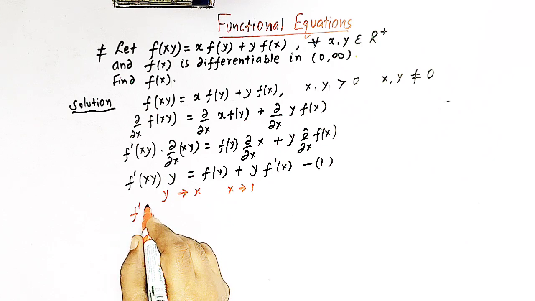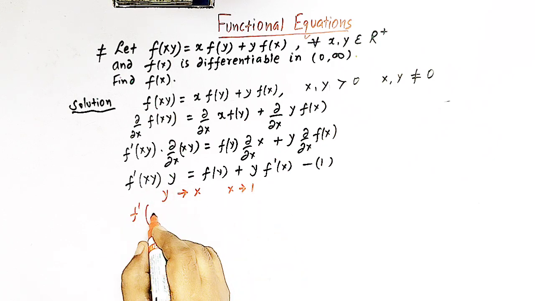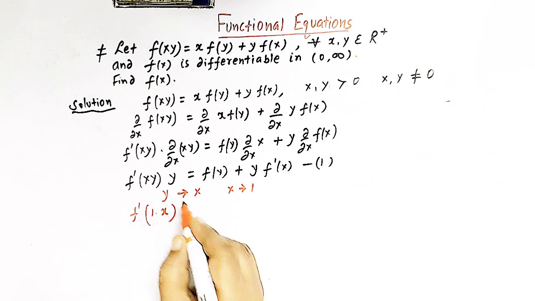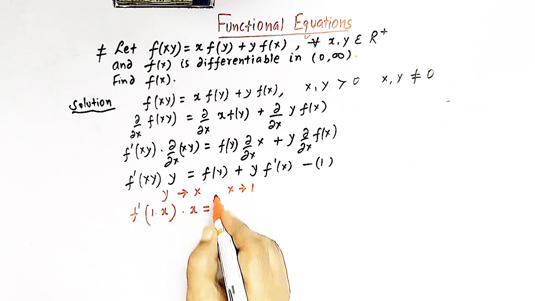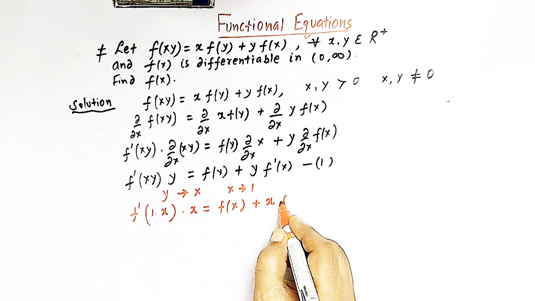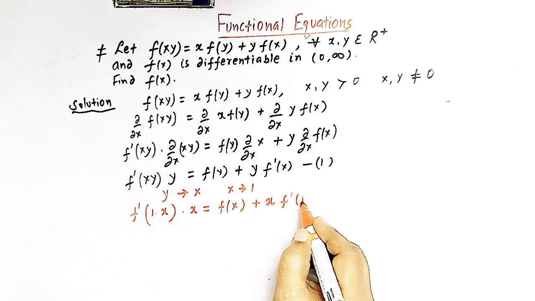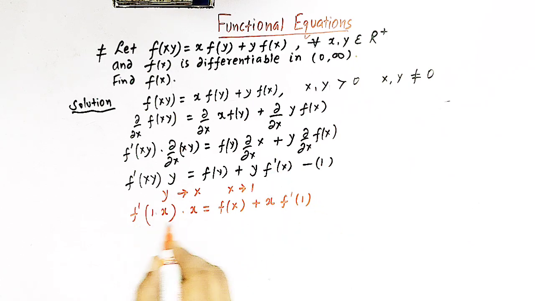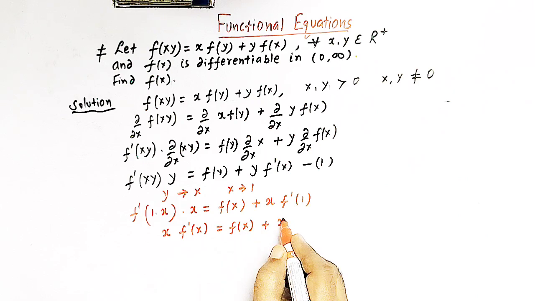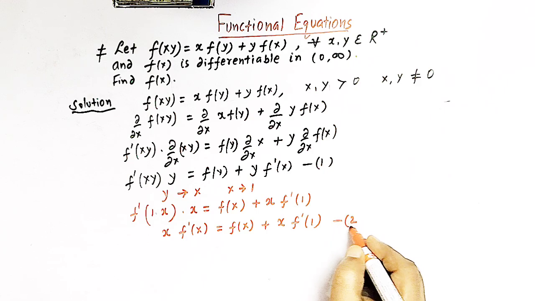We have f'(x·1), and here we have f(x), and here we have x f'(1). So we can also write this equation as x f'(x) = f(x) + x f'(1), and let us call this equation number 2.